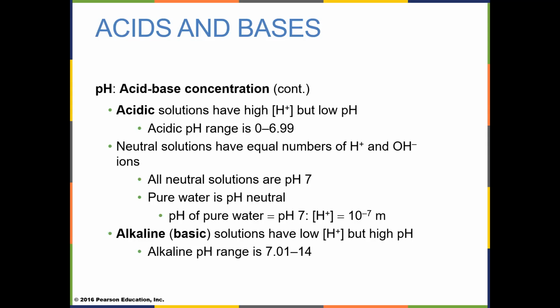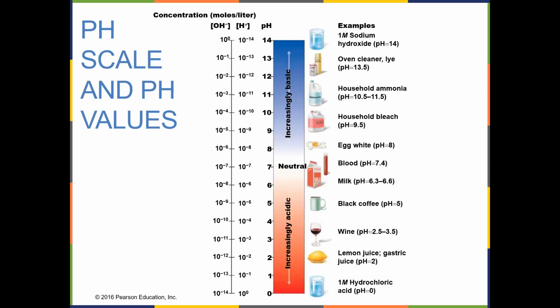Distilled water is neutral, but the solutions in our bodies run at a pH of 7.4. We don't get excited until we go above 7.4. The range that we can operate in is between 7.45 and 7.35 pH.